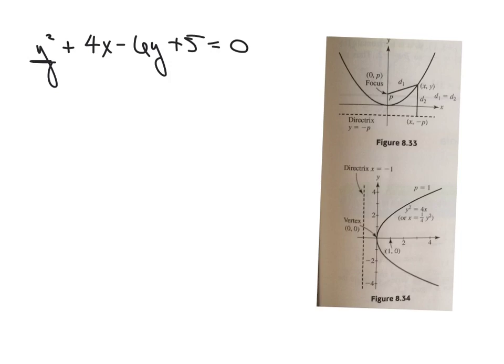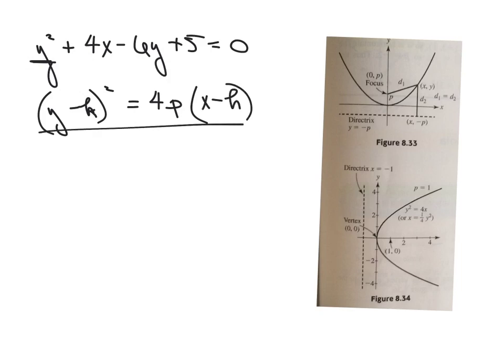All right, so we have our standard form of y minus k squared equals 4p times x minus h. Now that's the formula that I should have put up there on example 5, because that's the format that the equation should be in. All right, so let's get our y's together.